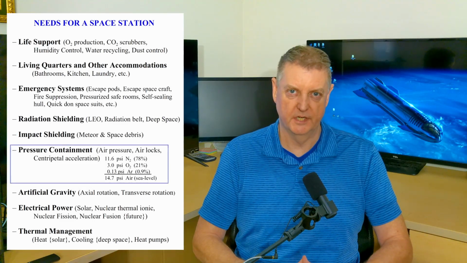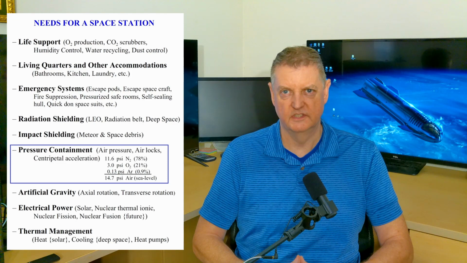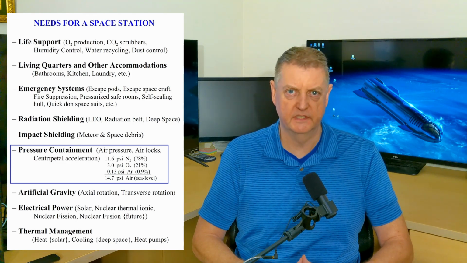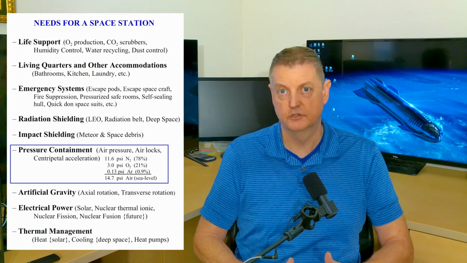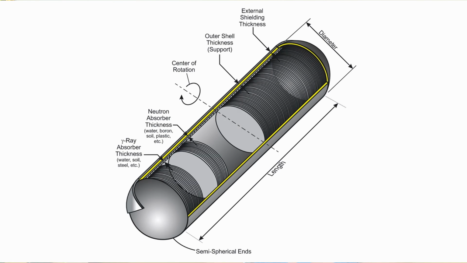Now let's take a look at the next item on our list, pressure containment. This is something that all space stations need to excel at, because if you lose structural integrity of your spacecraft or space station, you're in trouble. In this category, we are concerned with the space station actually staying together and holding not only the gas pressure within it, but also the pressures and forces caused by the rotation of the space station and its mass.